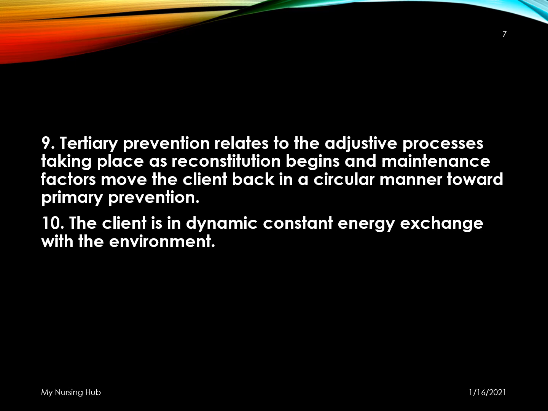From the part of the client also, we need to show some kind of cooperation, then only we can have the normal wellness state. So it is always a constant energy exchange. According to the system model, she says that between the client and the environment there is always an exchange of energy levels. Hope it is clear for you.